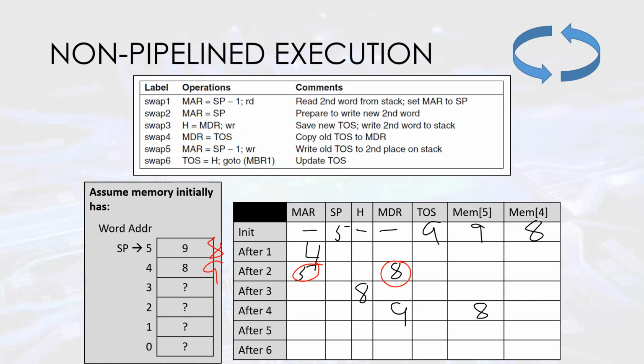Okay. All right, so now swap 5. Okay, so we're up here. All right, so MAR should now equal what? 4. Okay. And anything else right now?